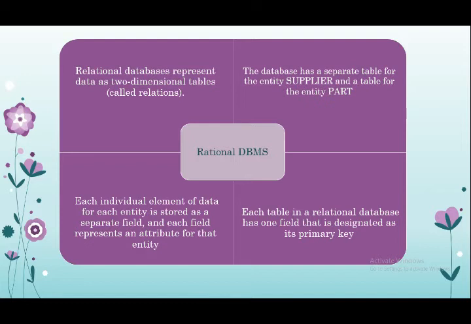Each individual element of data for each entity is stored as a separate field, and each field represents an attribute for that entity. Each table in a relational database has one field that is designated as its primary key.